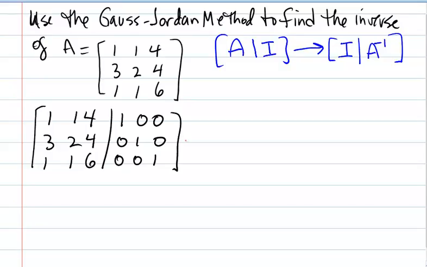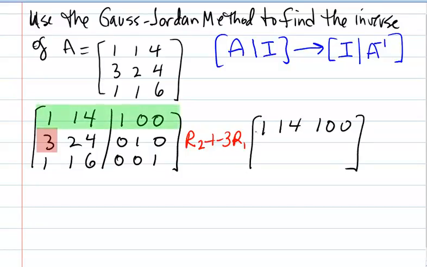I'm going to have row 2 plus negative 3 row 1. That's going to give me the 0 in this position here. 1, 1, 4, 1, 0, 0. So negative 3 and 3 gives me a 0.